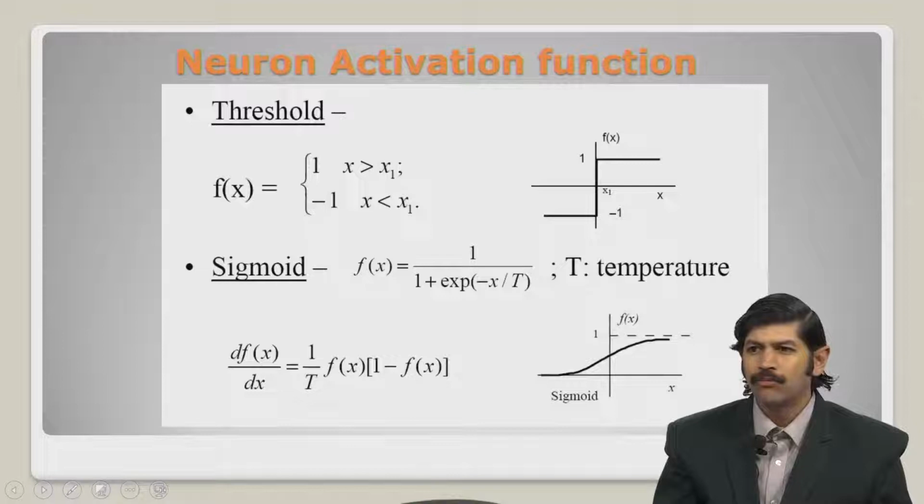Hyperbolic tangent activation function. This is an elevation on top of the sigmoidal activation function. Let me go one slide back, and if you see the sigmoidal activation function, you will realize the output produced ranges from 0 to 1, and that is really good if I am trying to build a binary kind of system.